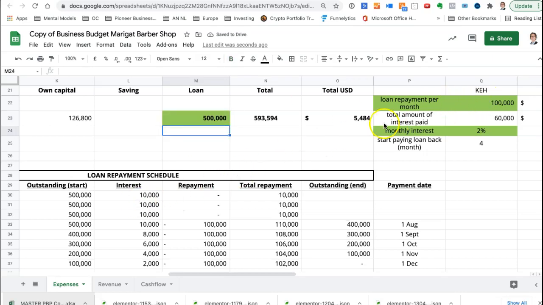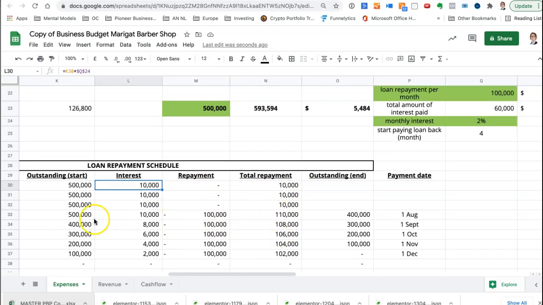In this case, we have 500,000, and we're going to have a loan repayment of 100,000, paid back in month 4. But they need to pay interest every month, 2%. So this is the outstanding balance, interest payment, repayment of the principal, and the total repayment.